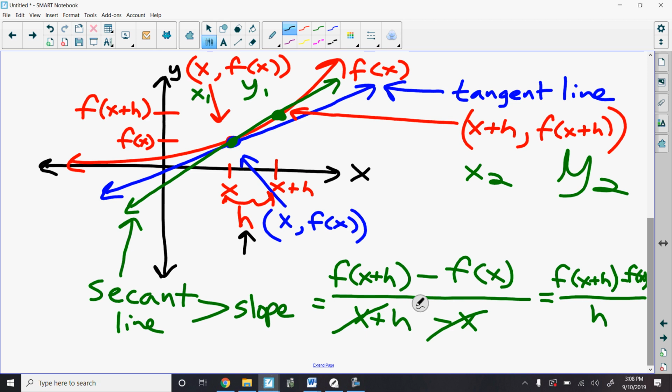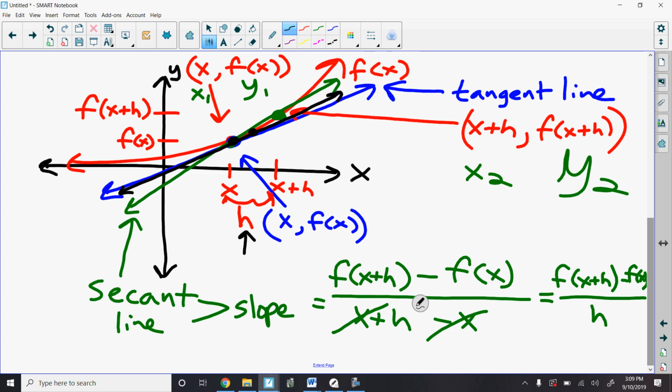If I made this h smaller and put it right here, now my secant line slope still doesn't match my tangent line slope, but it's a lot closer. Well, what if I made h even smaller? What if I made h really, really small? And I put those 2 points almost right on top of each other. If I did that, I'm going to get a perfect approximation for my tangent line slope.